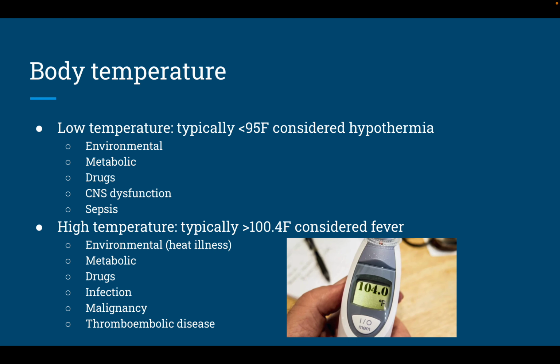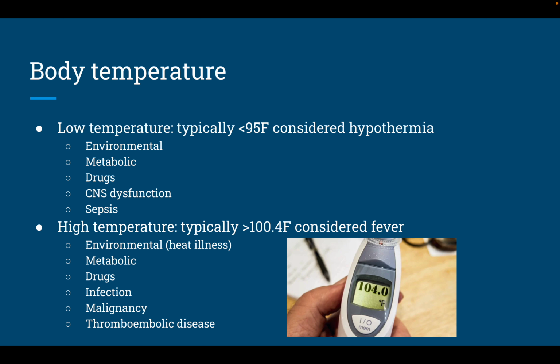Low temperature, as the American Academy of Family Physicians says, about 95 is our cutoff, where we'd start considering hypothermia below that. And one of the most common examples is environmental. Folks who maybe are not appropriately layered in the very cold environment.